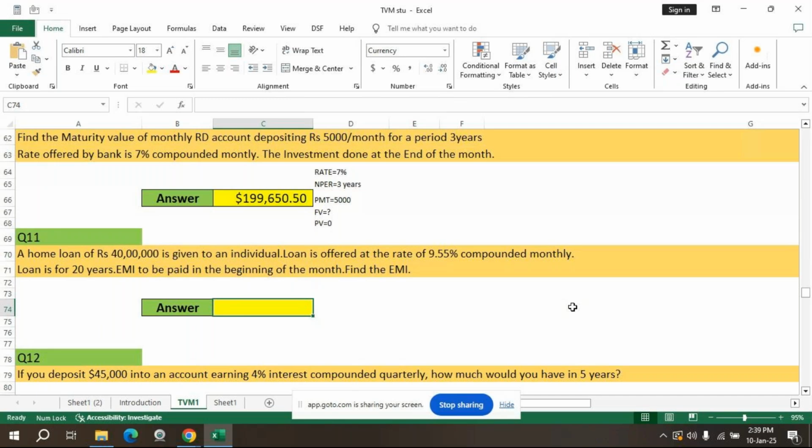We have to pay the EMI. How much EMI are we going to pay here?